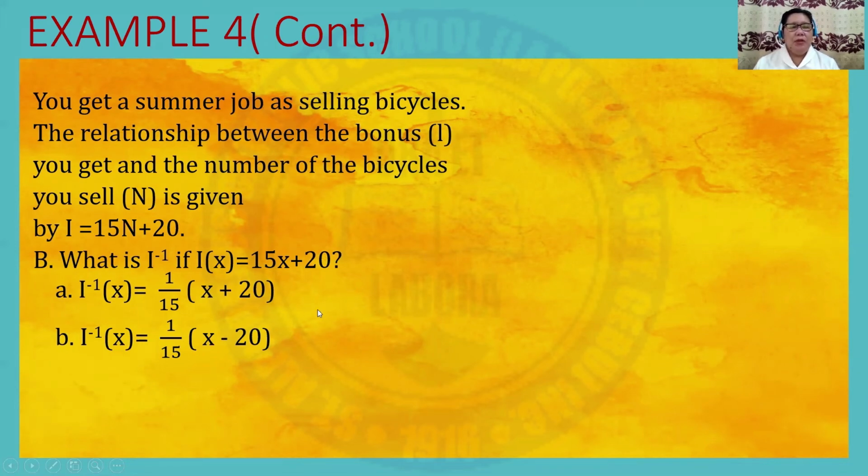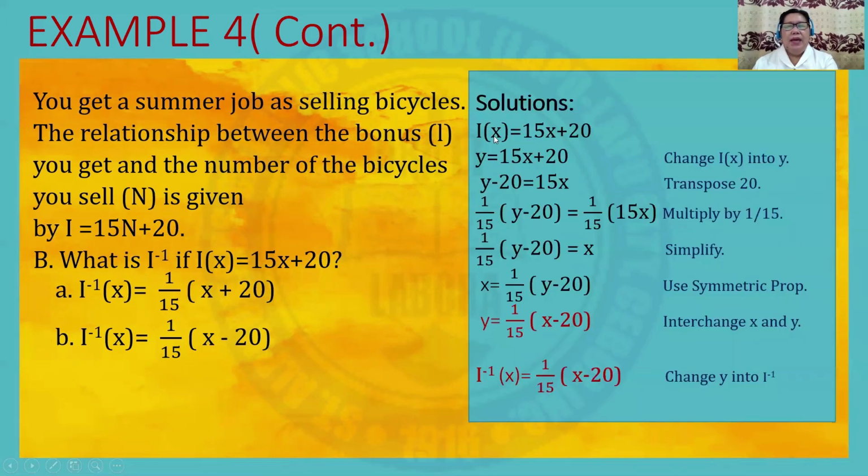Before you choose your answer, you have to solve first. We have I of X equals 15X plus 20. Change I of X into Y. Transpose 20. So, you have now Y minus 20 equals 15X.